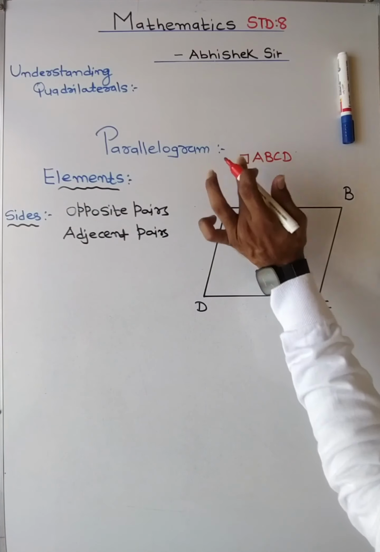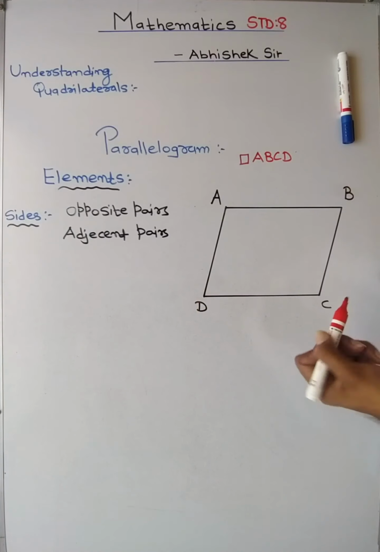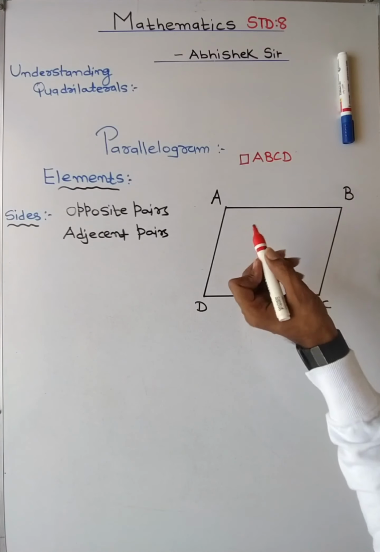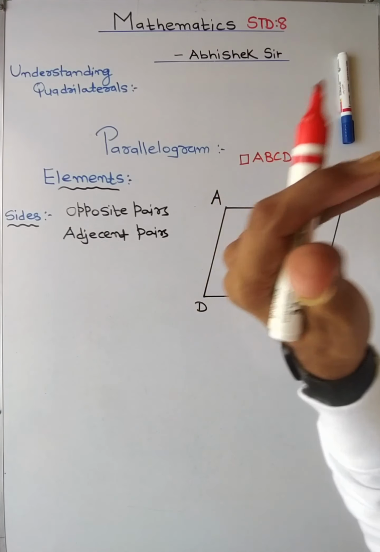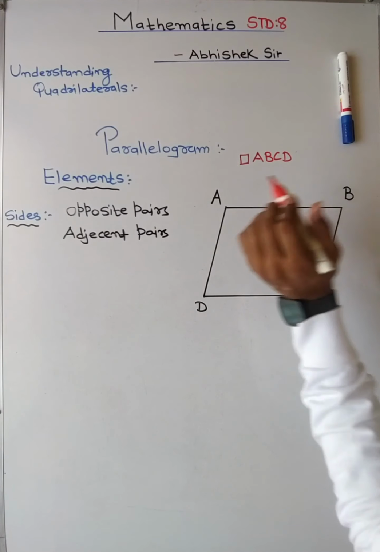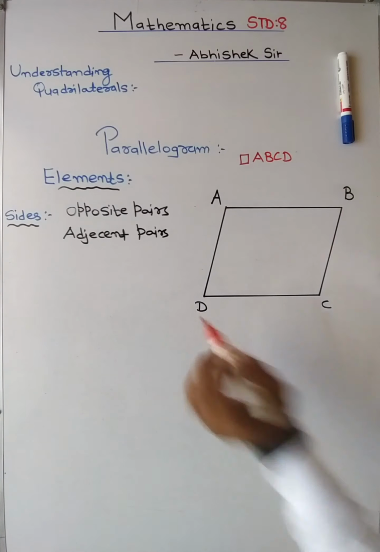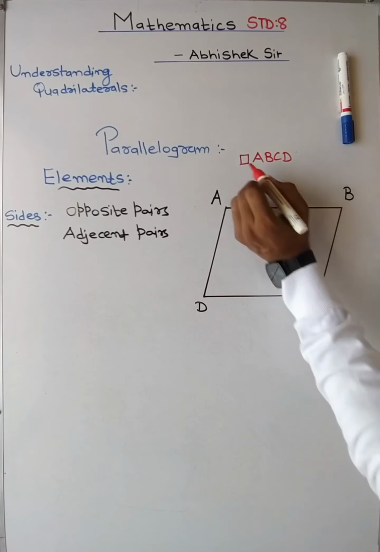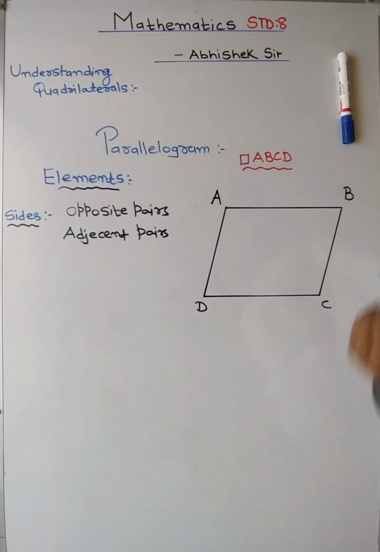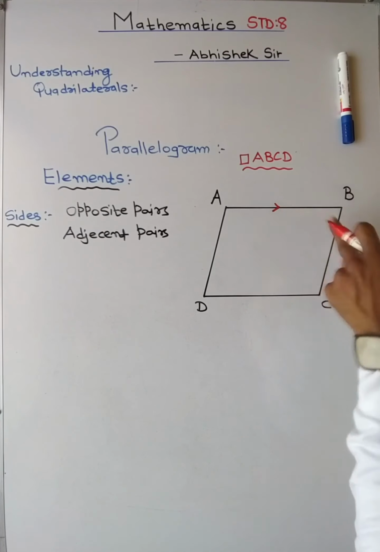You draw this small box and then you start clockwise or anti-clockwise. Okay, you can name a parallelogram in any way starting from any point. Okay, so right now the simplest representation is ABCD. You can see A, B, C and D. Clear? So right now we have this parallelogram called ABCD, in which I have taken this AB side.